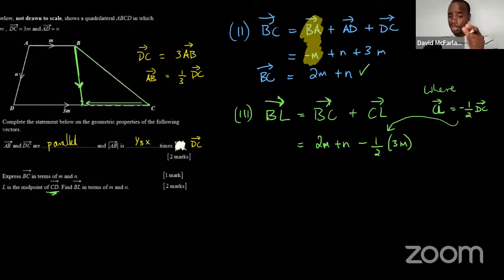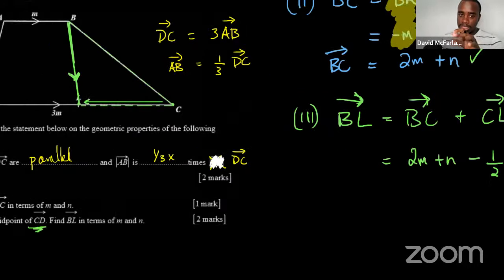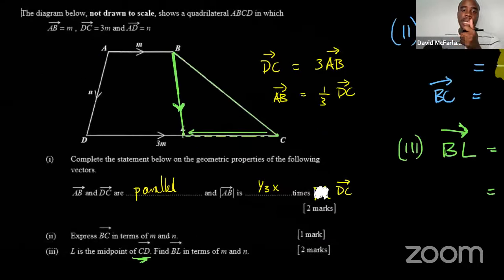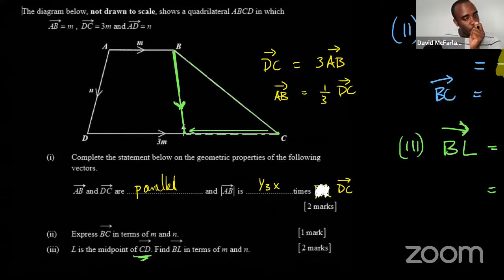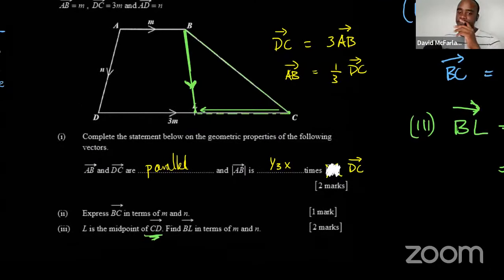That part is very important. Is everybody with me on that one? Is everybody clear on why that is? Type a Y in the chat if you're good, or a thumbs up, and an N if you're not sure why CL is negative half of 3m.